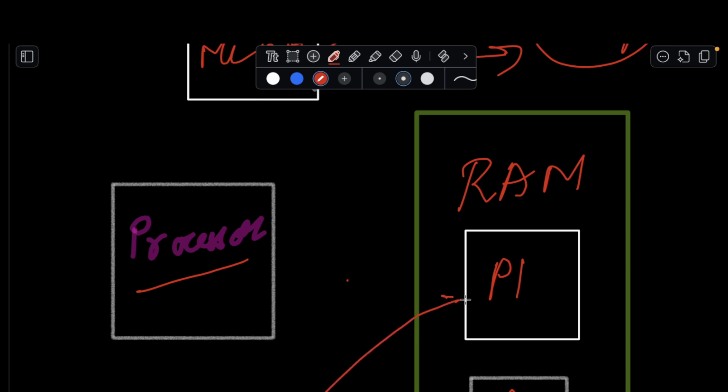The scheduler, based on a certain algorithm, will pick this process and give it to the processor. If it's taking more time, it will remove this process out. It will perform a context switch, so the state will be stored. And then the next process in line will be given access.